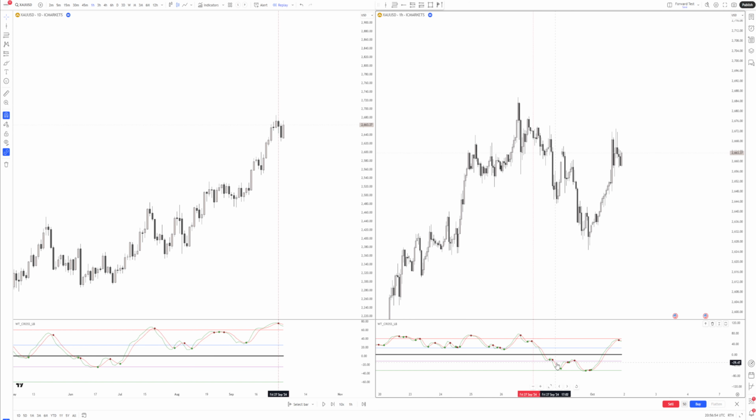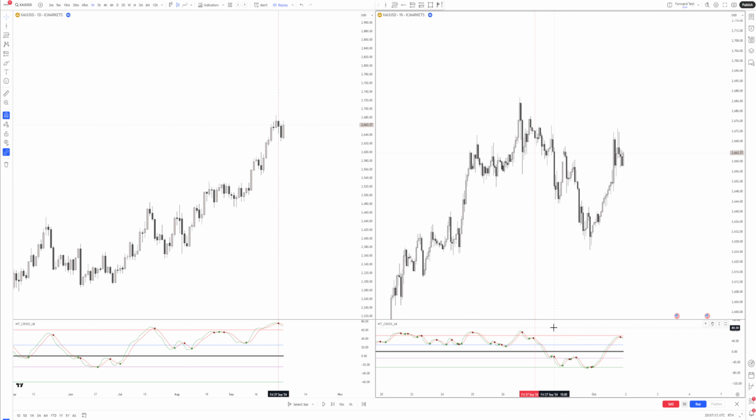And we do not take any red lines at the bottom of the oversold area. So if anything is oversold, meaning cheap, then we ignore reds, we only look for greens. If we are in the overbought area, we only look for reds because that's where it's expensive. We want to sell the market.